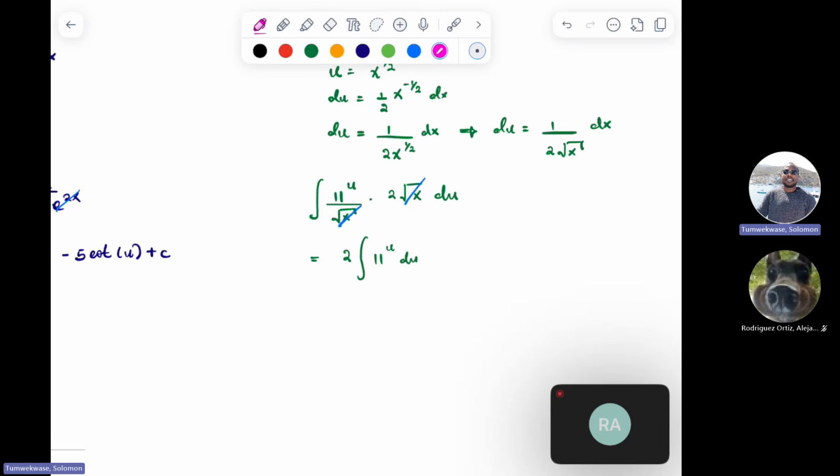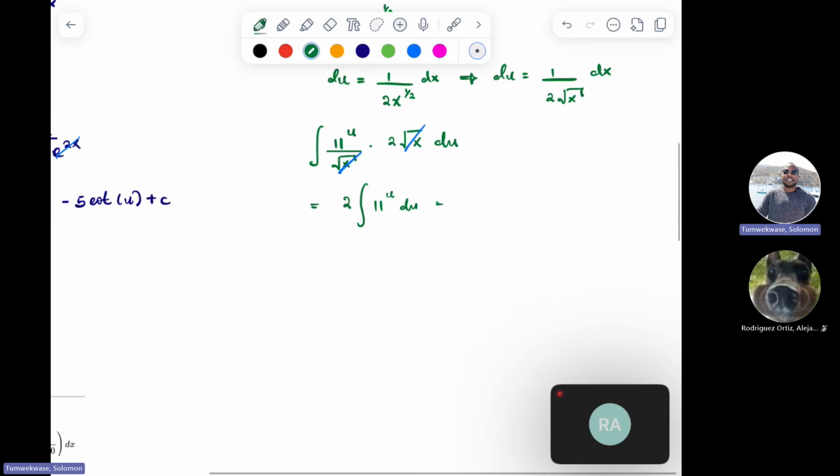So when I take the integral of 11 to the power u, this is the same as 2 is out, and this integral is the same as 11 to the power u over the natural log of 11, but this is an indefinite integral, so I have to add on the constant of integration.